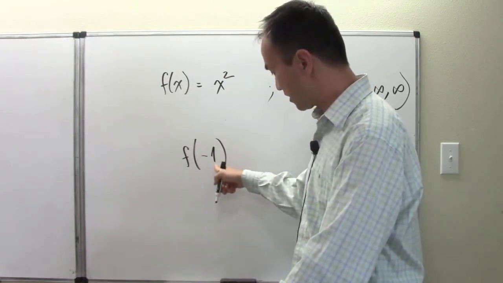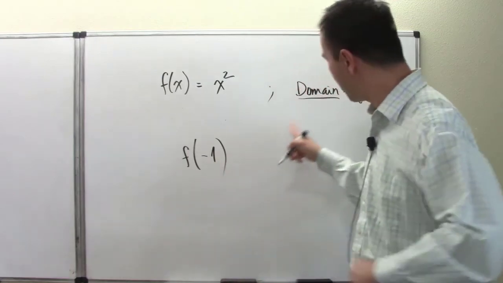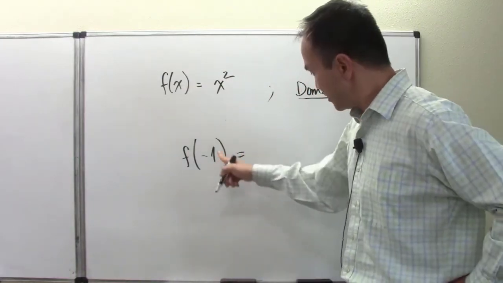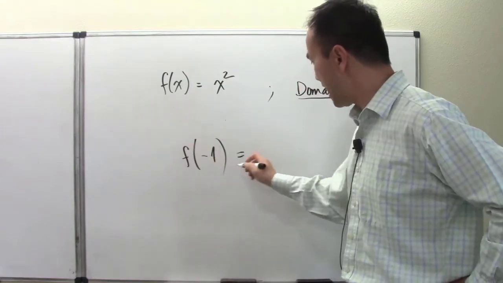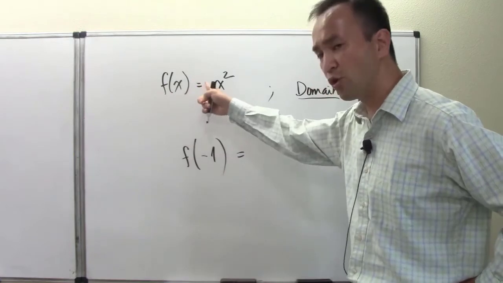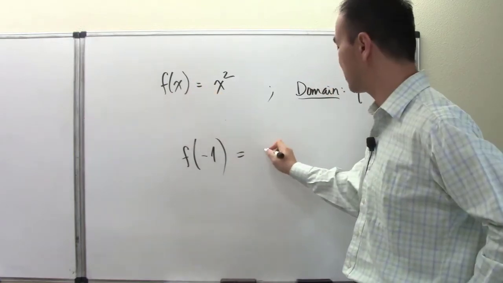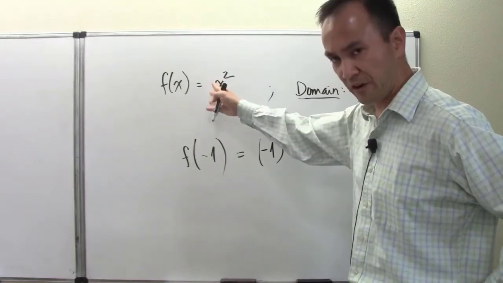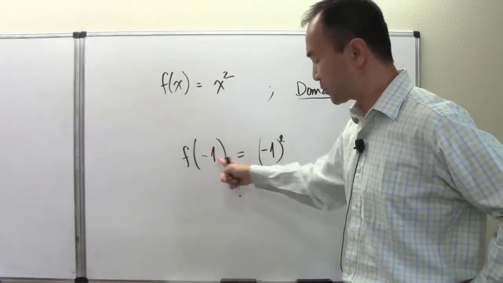So this is an input, and this value surely came out of the domain. But now let's investigate the output. With this function, the output is f of -1, and according to the rule of this specific function, it's going to be (-1) squared, because the rule of the function says we square this particular input.